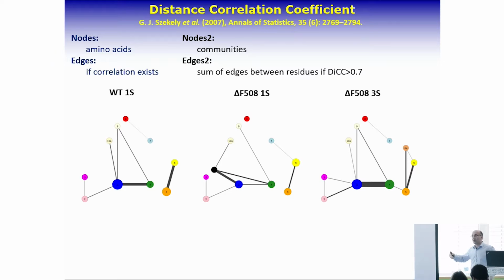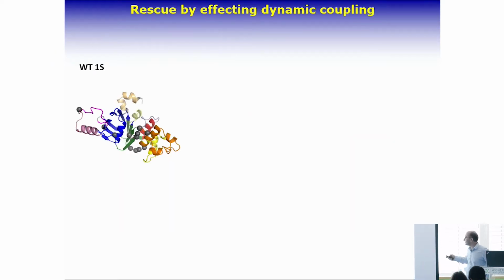Of course, we would like to know the source of the atomic level changes. So if we see the structure of this domain, the colors are according to the communities.